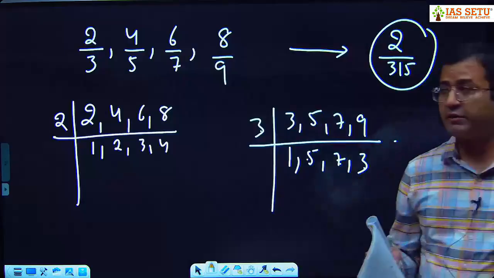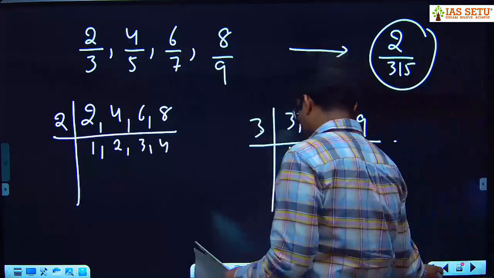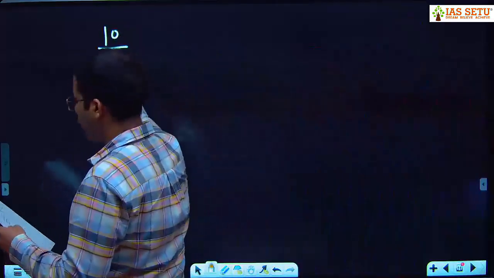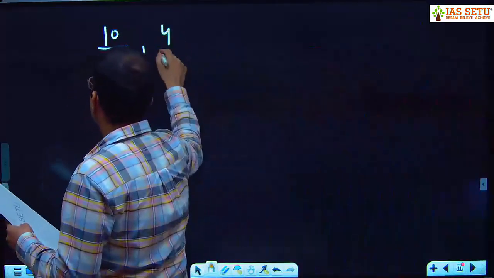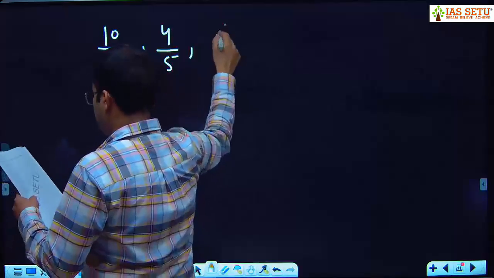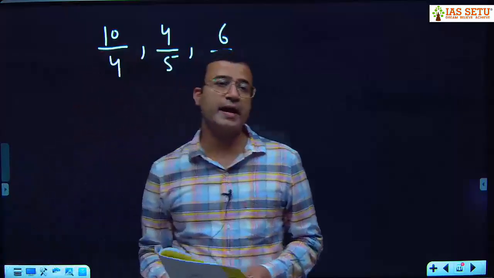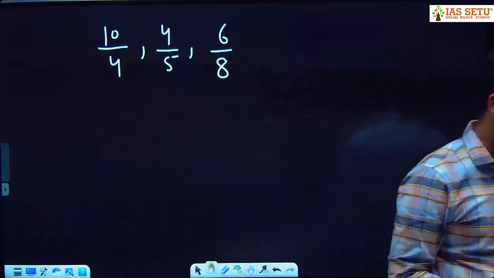Okay, try one question: 10 upon 4, 4 upon 5, 6 upon 8. Find the HCF of these fractions.